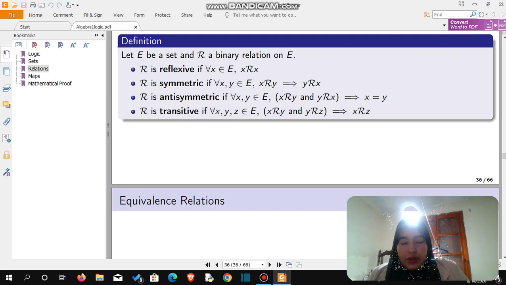It is also transitive. So greater than or equal to is a binary relation that has the properties reflexive, transitive, and antisymmetric.